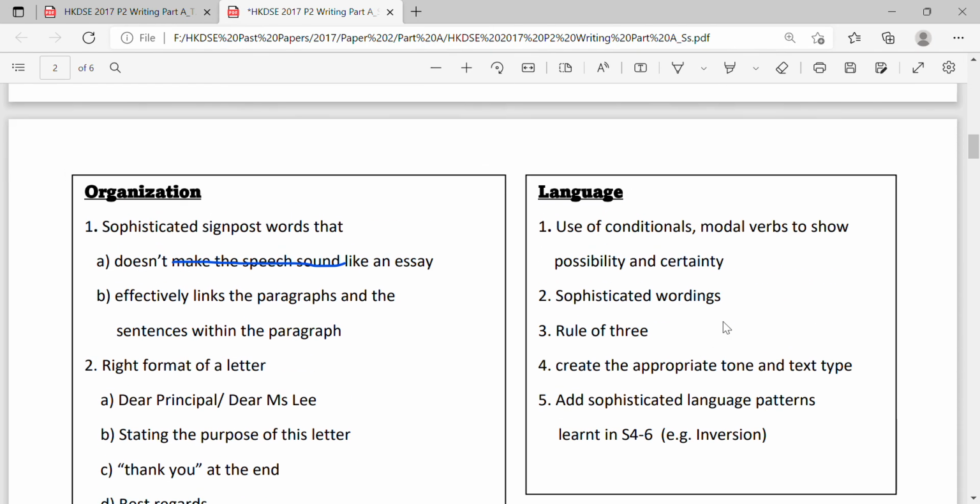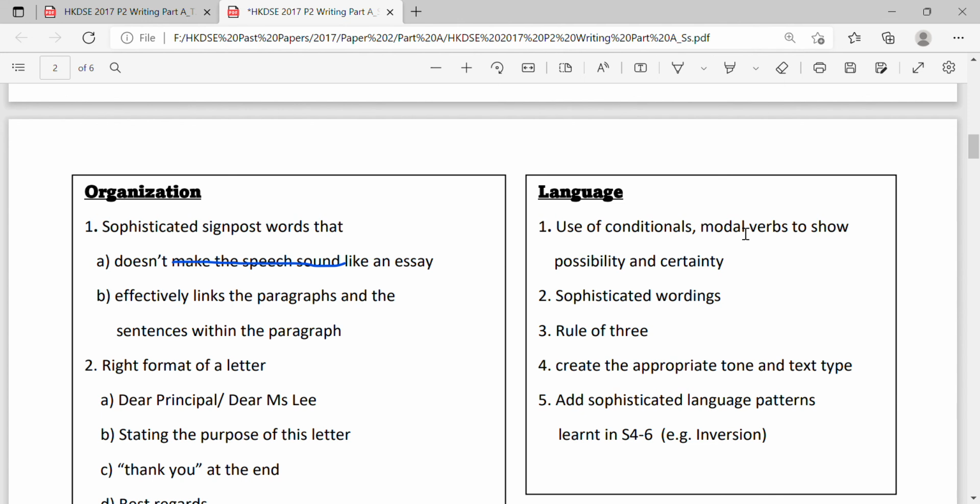All right, for language, use of conditionals, modal verbs to show possibility and certainty. What I mean is, you could say, if our students go there and do this and that, we can definitely bring. We can is a modal verb. So I would expect you using lots of we can, we will, to show how certain you are about the success of this project, because you're convincing the principal that your project will work.